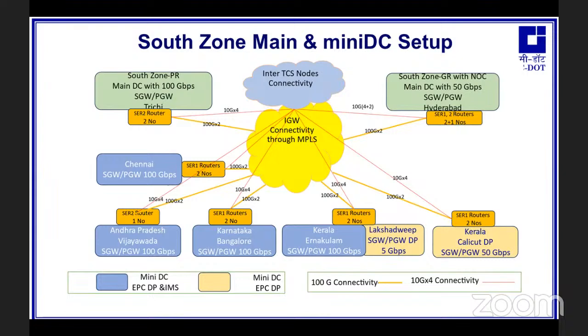For example, in Andhra Pradesh Vijayawada there is one SCR router, and in Karnataka there are two SCR routers. All are ultimately terminating at the Trichy location through the MPLS backbone. There is no physical direct connectivity between the mini DC and the 3G. Everything is through the MPLS backbone.